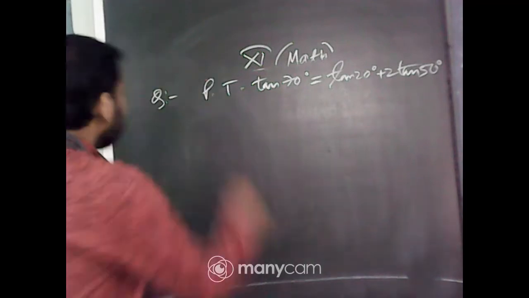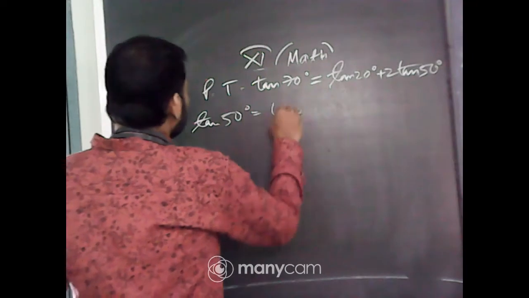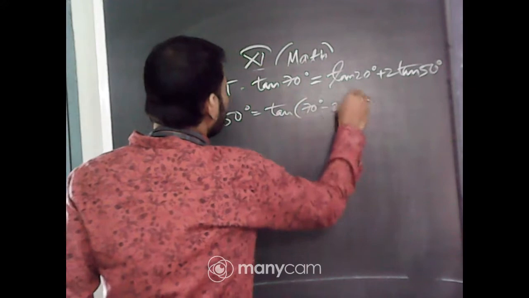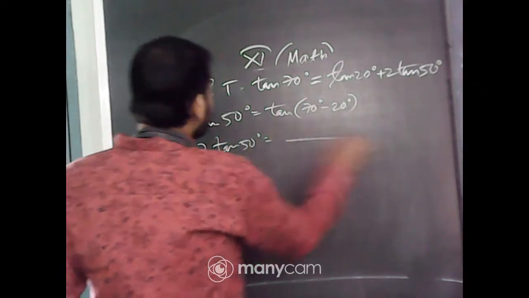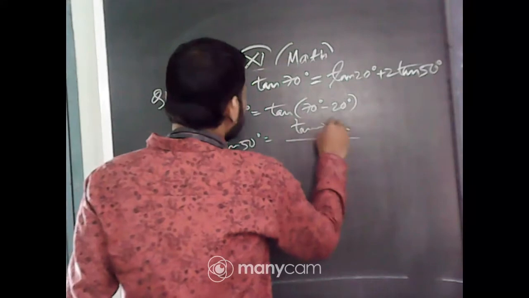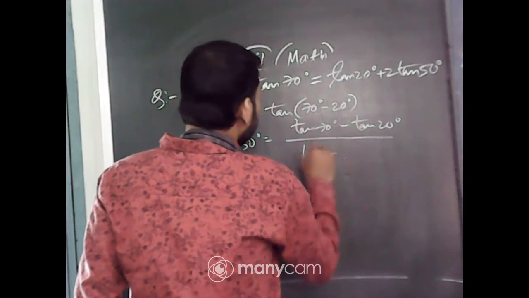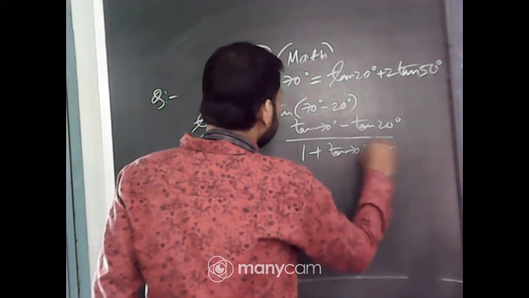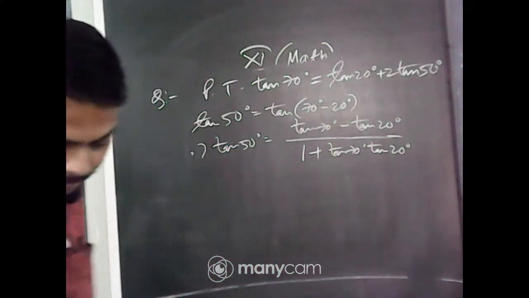Tan 50 can be written as tan of 70 degree minus 20 degree. So tan 50 equals tan 70 minus tan 20 divided by 1 plus tan 70 into tan 20. Isn't it?